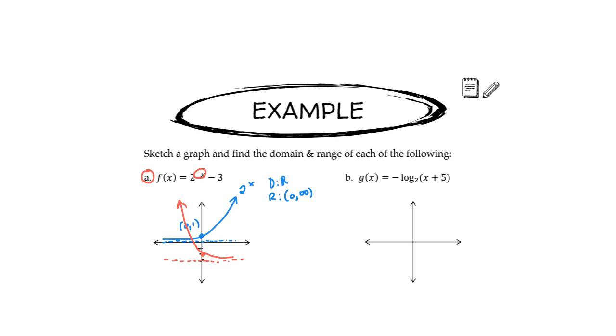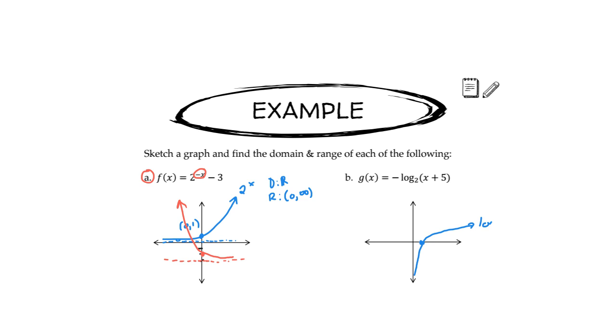On the right here, we'll sketch a graph of negative log base 2 of x plus 5. Let's start with a graph of log base 2 of x. Log base 2 of x also has some very interesting features that are similar to what we've seen in 2 to the x. It looks just like this.